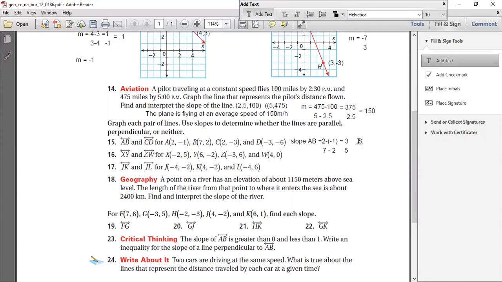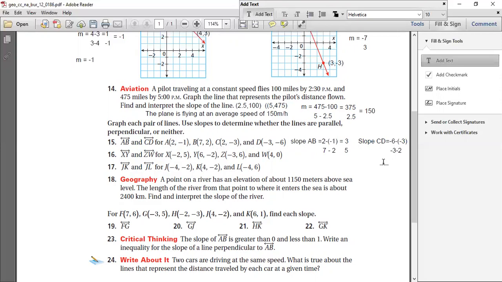So let's find out the slope of CD, which is going to be equal to y2, which is -6, minus -3. So there are many minuses in this question. Fine. So the next one is going to be -3 minus 2. Okay, so again here, minus minus will give you plus.